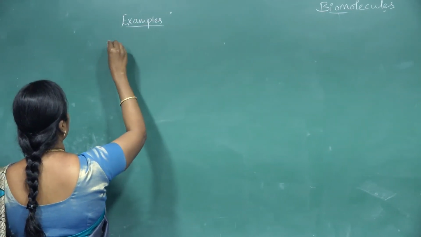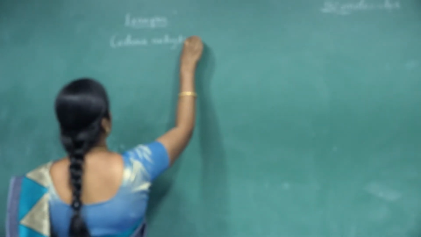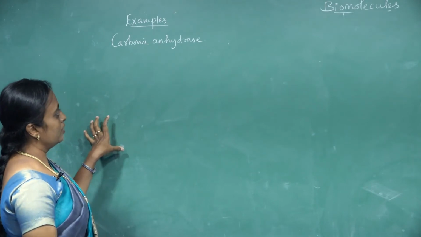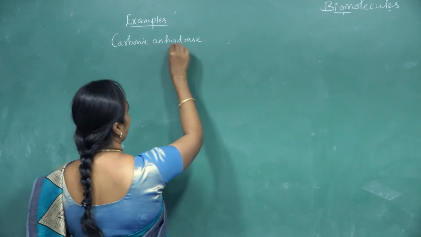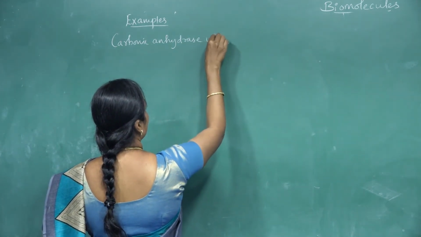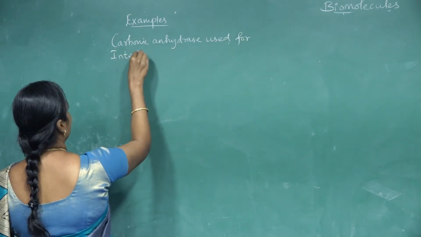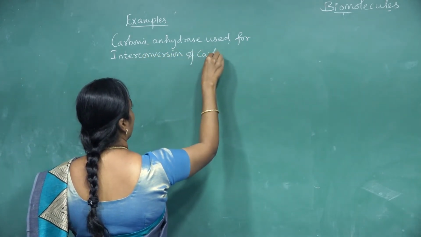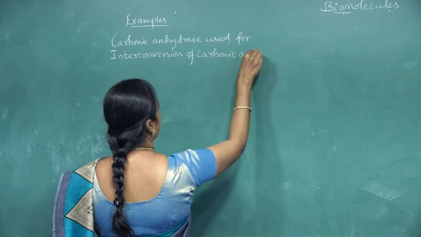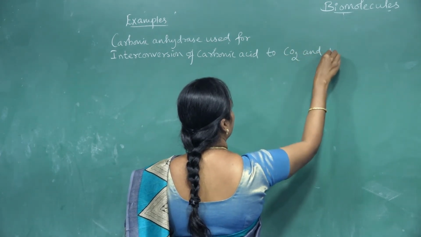If I take an example, carbonic anhydrase is an enzyme used for the interconversion of carbonic acid to carbon dioxide and water.